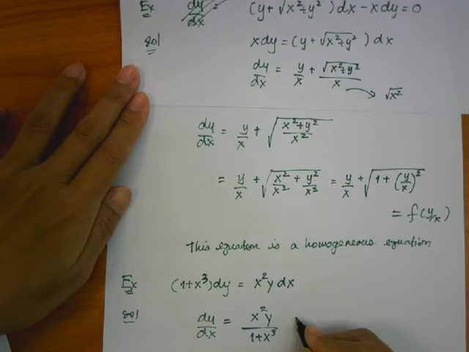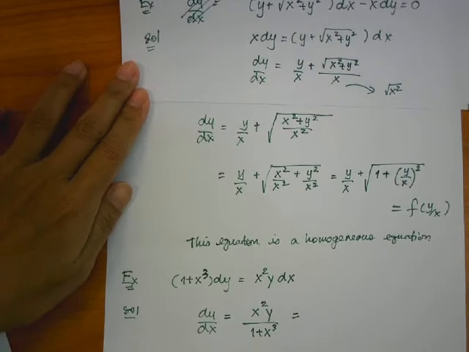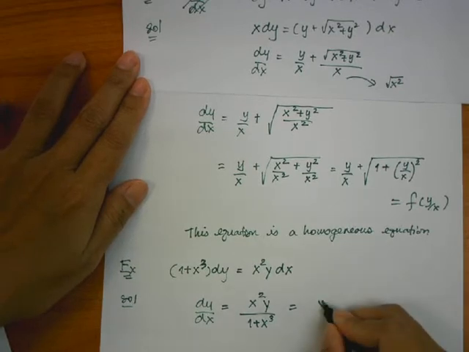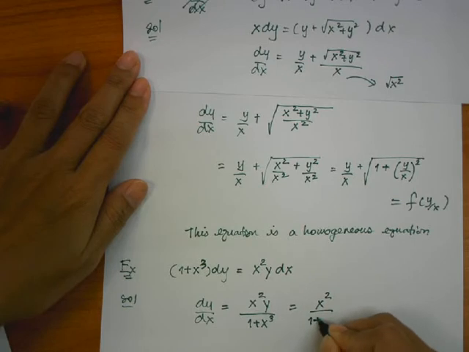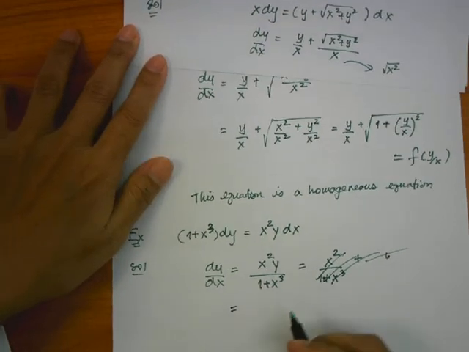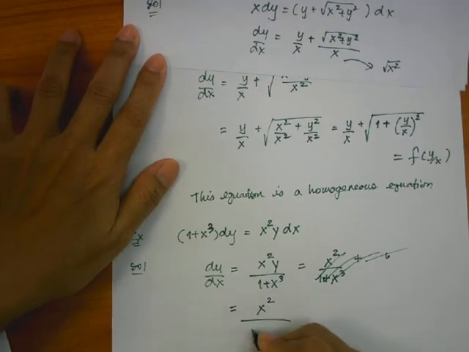So you would get x squared divided by 1 plus x to the power 3, divided by 1.